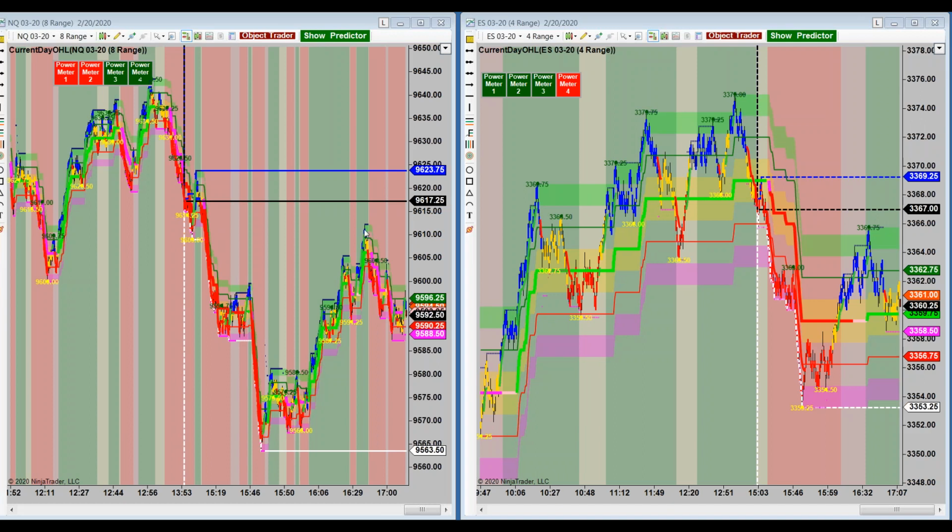Here we can see that there was a spike right here in the aftermarket. This line demarcation here, the white line, is the start of the new trading session for the futures. So this would be the end of the current day. This is how the day ended for ES. And then over here you can see to the left that this is how the day ended for NASDAQ.